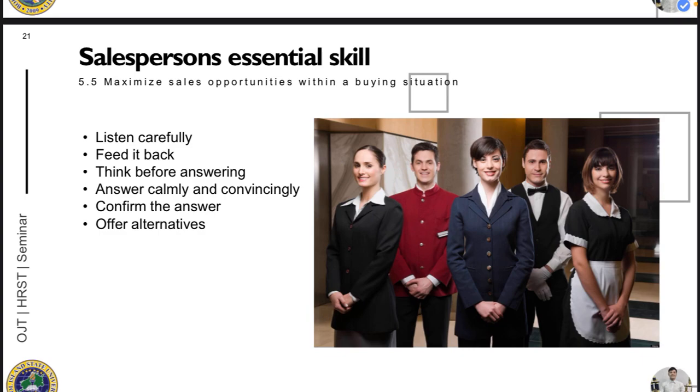Do not force them to commit to buy a certain product and service. For example, if they refuse to buy your products and services, get their number or give your number or the business number for follow-up, or if they have some queries.